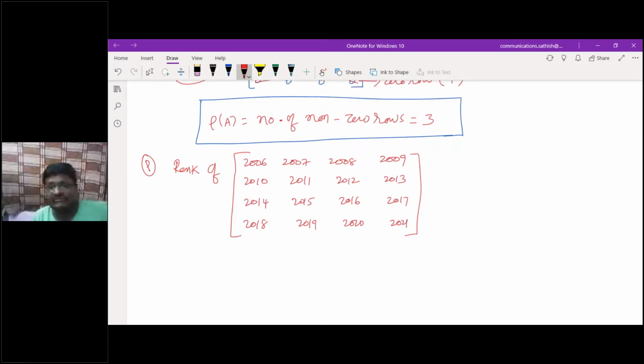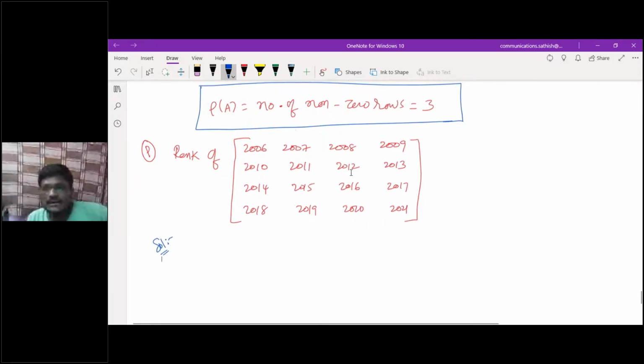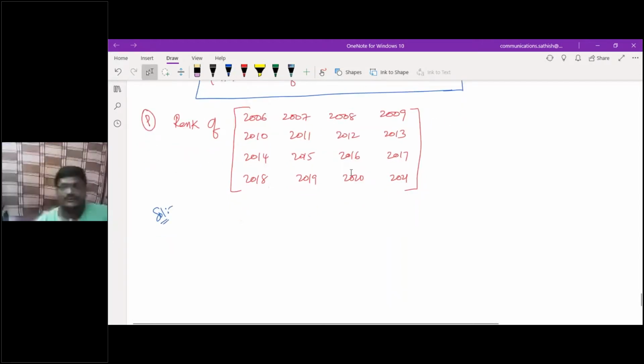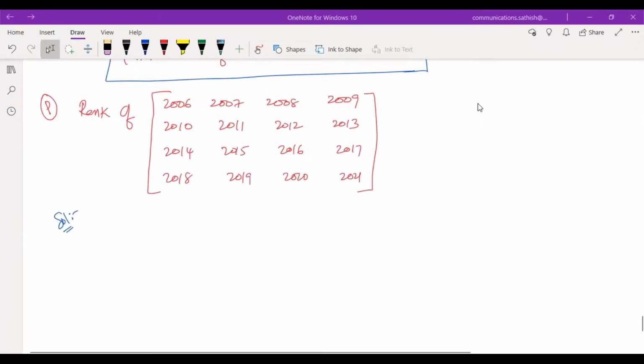So this is a fourth order matrix. Can you calculate the rank of the matrix? Come on, let me give you the answer quickly. You are writing the GATE exam in 2021, so accordingly I just gave you the matrix with respect to that. Can you give me the answer for that?